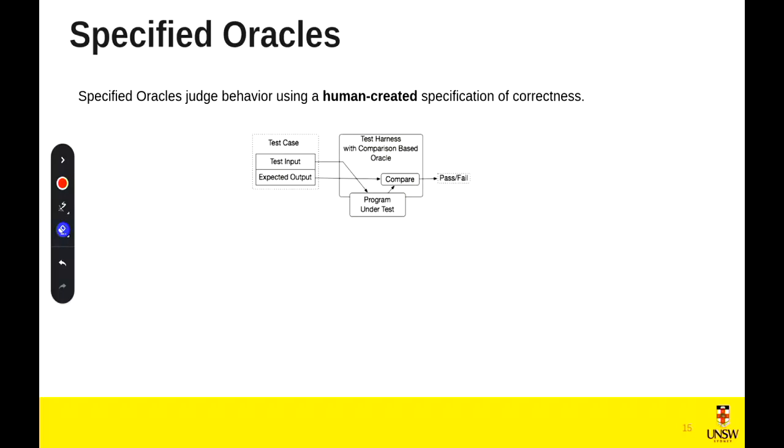And this is an illustration of this type of specified oracles. Basically, we just prepare an expected output according to a particular test input. After we have executed the program on the test, we can compare the actual output with the expected output. And this expected output is derived from the requirement specifications manually by the developer.